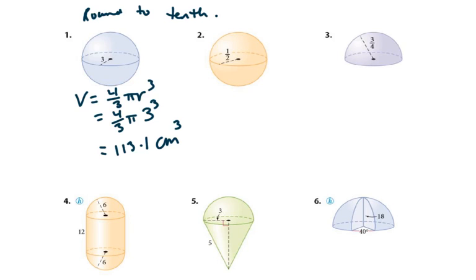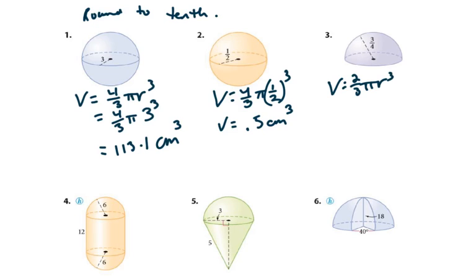Number 2, r is a half. Pi button, and then to the third. Okay. Number 3, hemisphere, 2/3 pi r cubed.